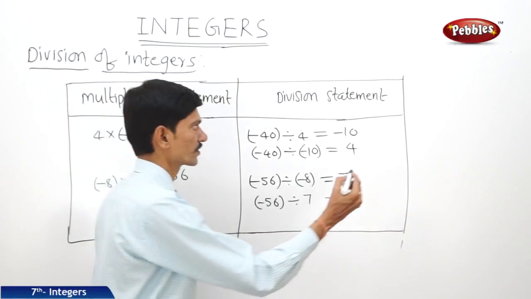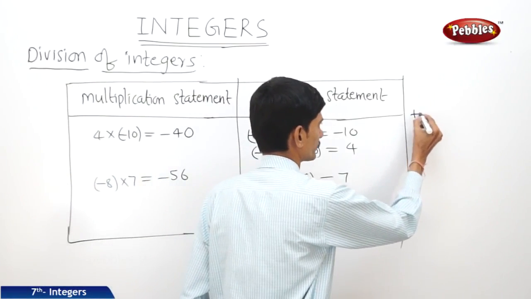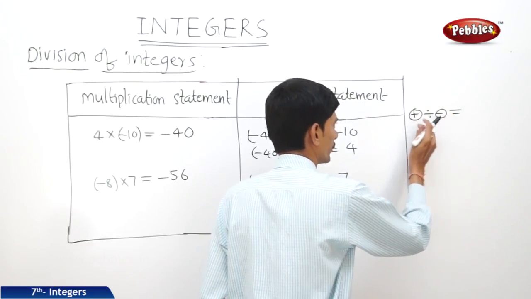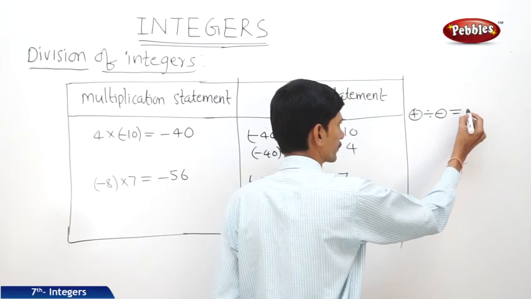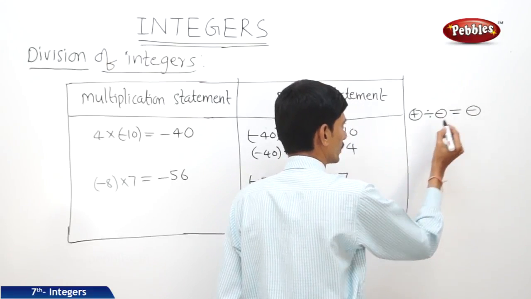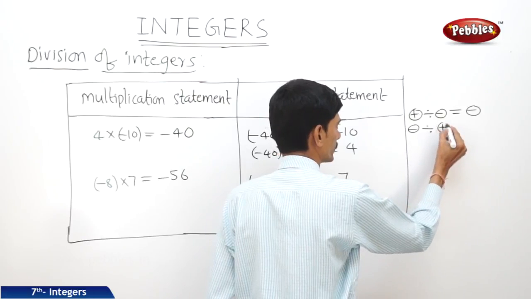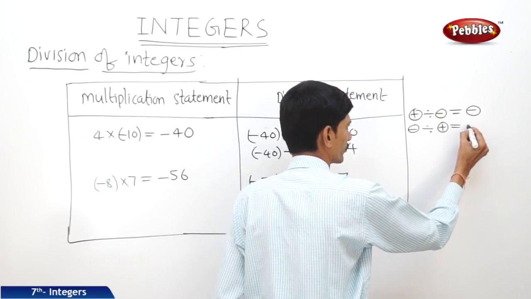So when plus is divided by minus, we get the quotient as a negative integer, or when a negative integer is divided by a positive integer, then also we get a negative integer.